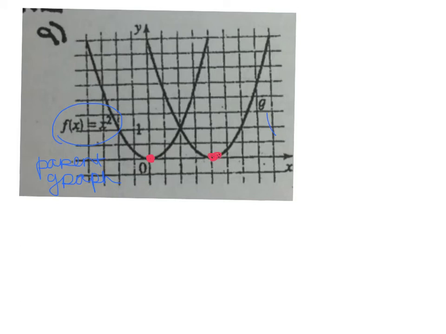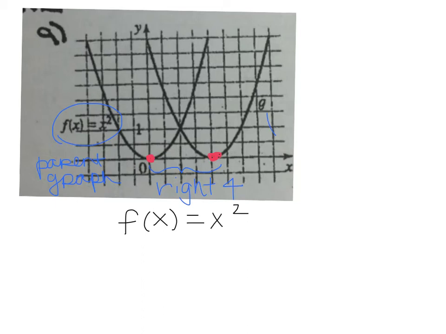So it looks like I went to the right 1, 2, 3, 4. So I went to the right 4. It doesn't look like it went up or down, stretched it, or compressed it at all. So I have to start with my parent function, f of x equals x squared.